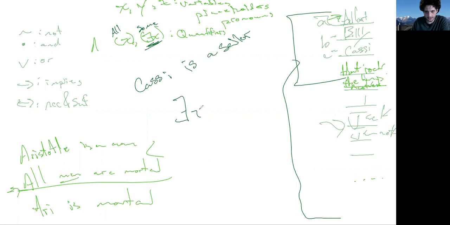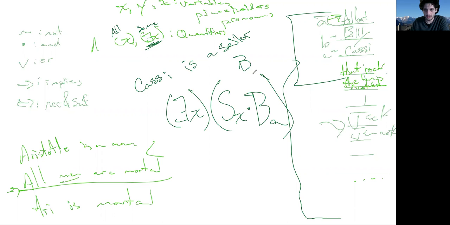There exists an x such that x is a sailor, and, let's see, Ba or something like that, where B is just, is a baseball player. And this sentence is actually completely fine.